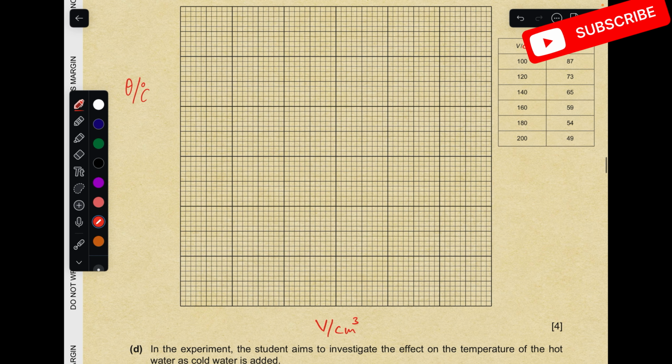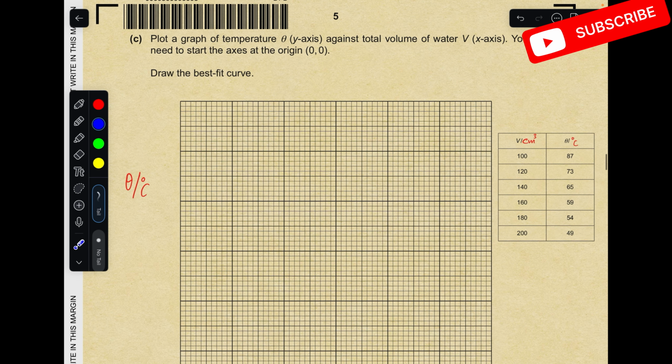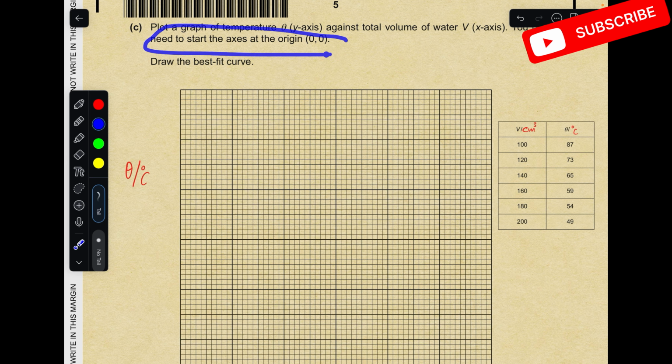If you see what readings we have, from 100 to 200. And how many boxes do I have here? One, two, three, four, five, six. The criteria is, you have to use at least 50% of this graph. Recommended is 75%. More than that is better, and you don't have to start from zero. It's not mandatory.